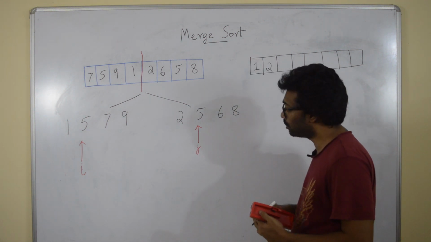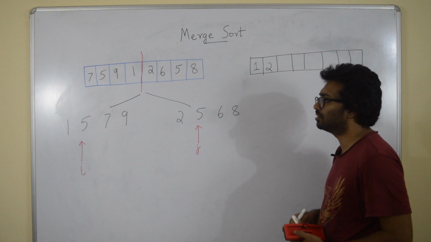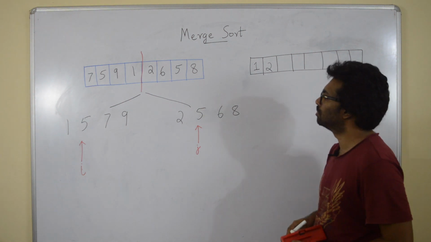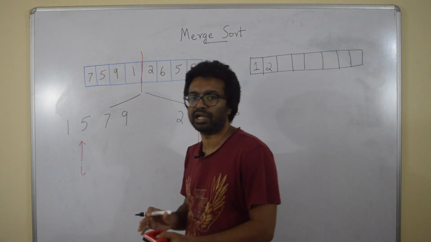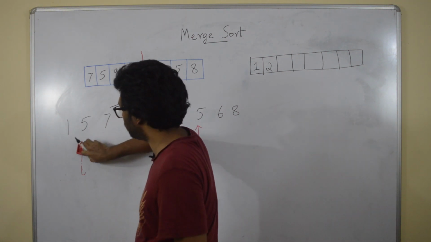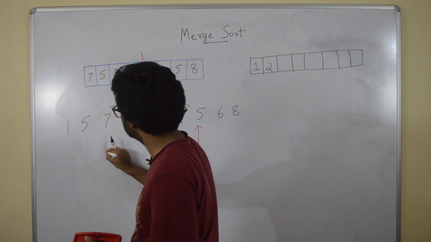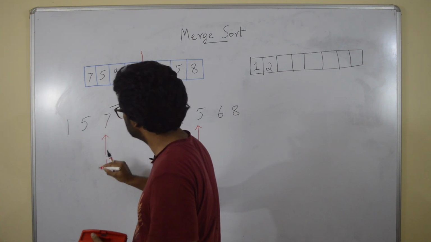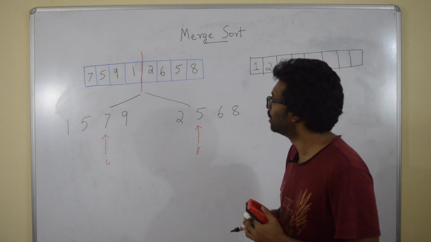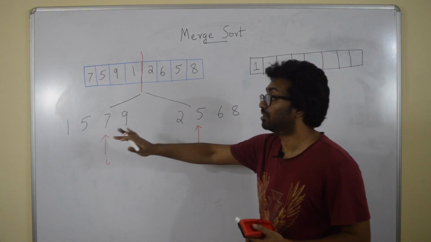Next, again, I'm going to compare AI and AJ, and it turns out both are the same. So you pick, let's say you're going to pick I. When they are the same, you pick I, and therefore you just increment here. Okay. And you copy this 5 here.